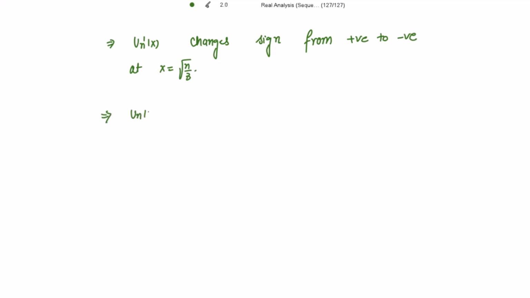Fine? Okay. So this implies un dash x changes sign from positive to negative at x equal to square root of n by 3. This implies un x has maximum value at x equal to square root of n by 3, right?